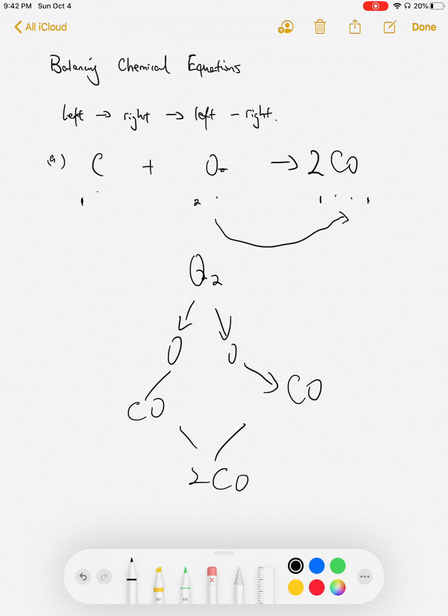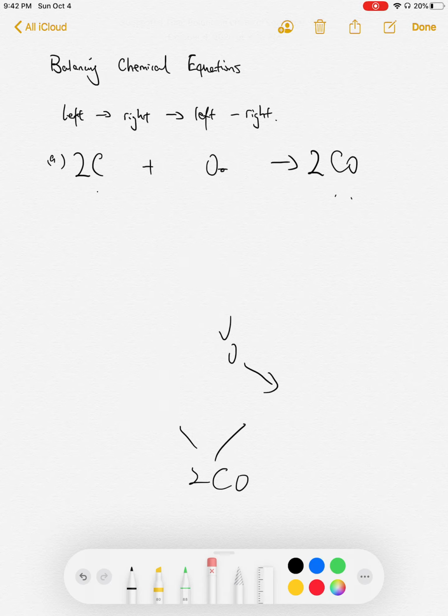Then you move to the right and bring this 2C back to the left. Because now the oxygen already matches, what about carbon? Now you have two carbon here, but you have one here, so you times this by two. So all you have to do for this one is put a 2 as your coefficient in front of the carbon and the CO.